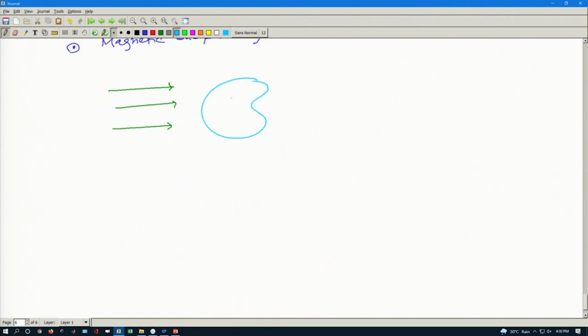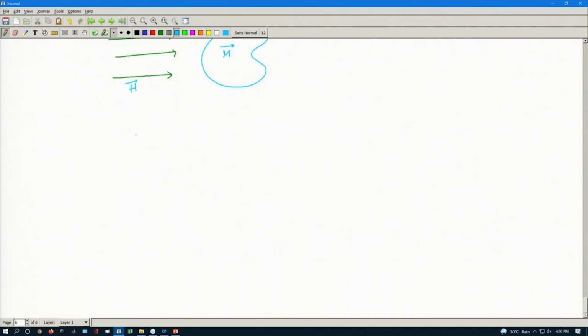The magnetization that is produced is proportional to H. The magnetization is proportional to the magnetic field H, so that means it is some constant multiplied by H. So, this chi m is called the magnetic susceptibility.